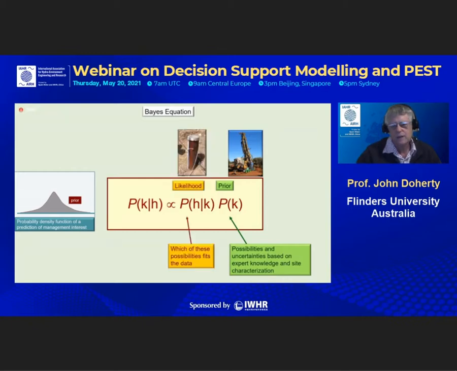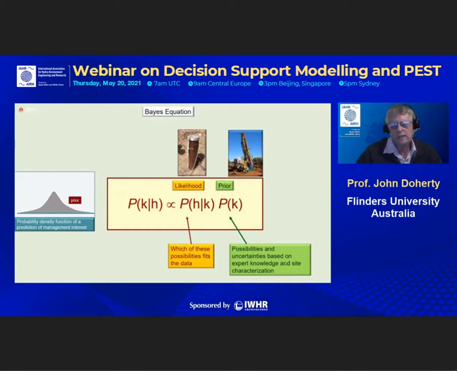But then there's another source of information, a different but important source. It's the behaviour of the system. It's the heads we measure in wells, the contaminants we measure in the ground, the flows into streams, the behaviour of the system. The beauty about simulation is it can incorporate both of these types of information.